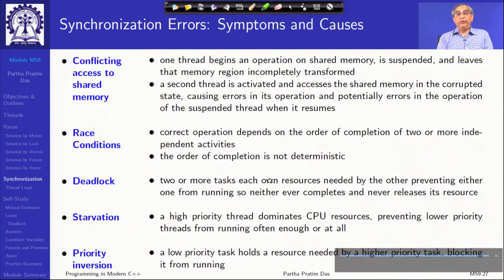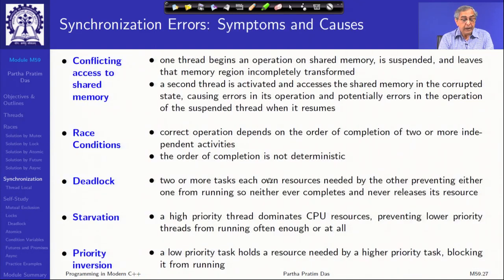So, just to give you a broader idea, let me take you through the wide variety of synchronization errors that can happen. Of course, this course is on C++ and modern C++, so I cannot really teach you each one of these cases, why it happens and so on. You will have to read it up elsewhere.